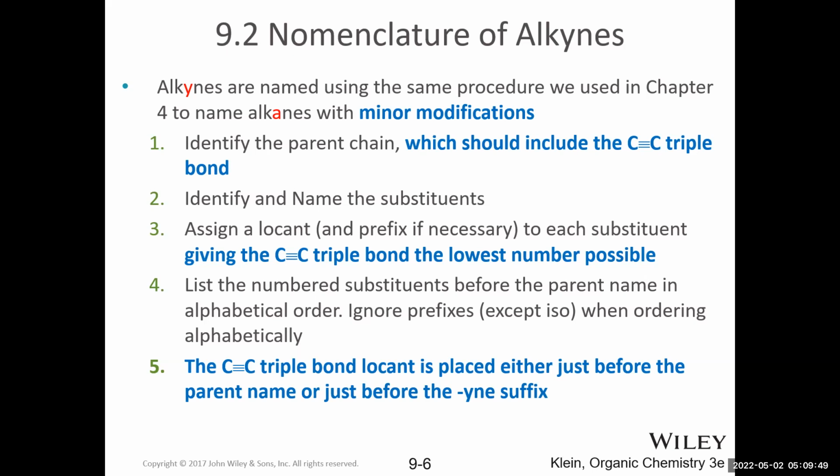Remember that the counting prefixes don't count towards alphabetical order, like di, tri, tetra, but other prefixes do count, like iso and cyclo. Also, sec and tert are considered counting prefixes, so remember that those don't count towards the alphabetical order. And then we need the locant for the first carbon in the triple bond, and it's either placed before the parent name or in between the root of the parent name and the "-yne" suffix.